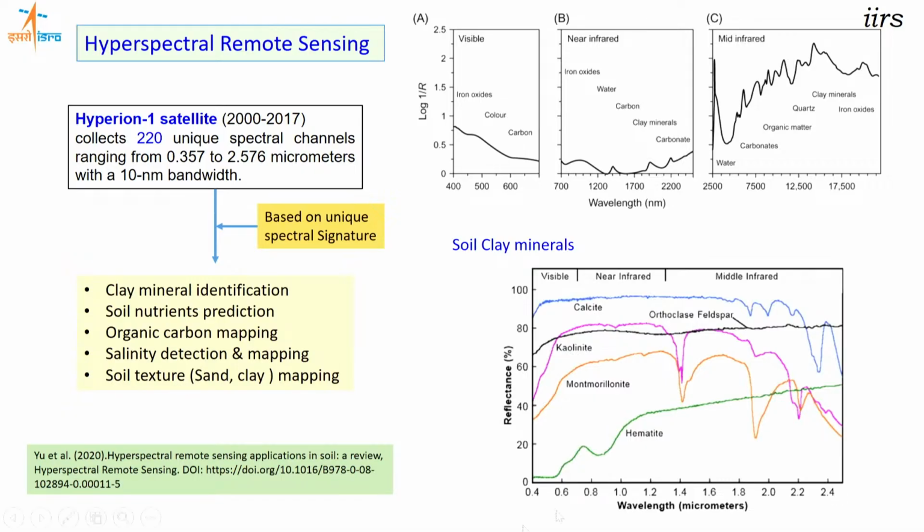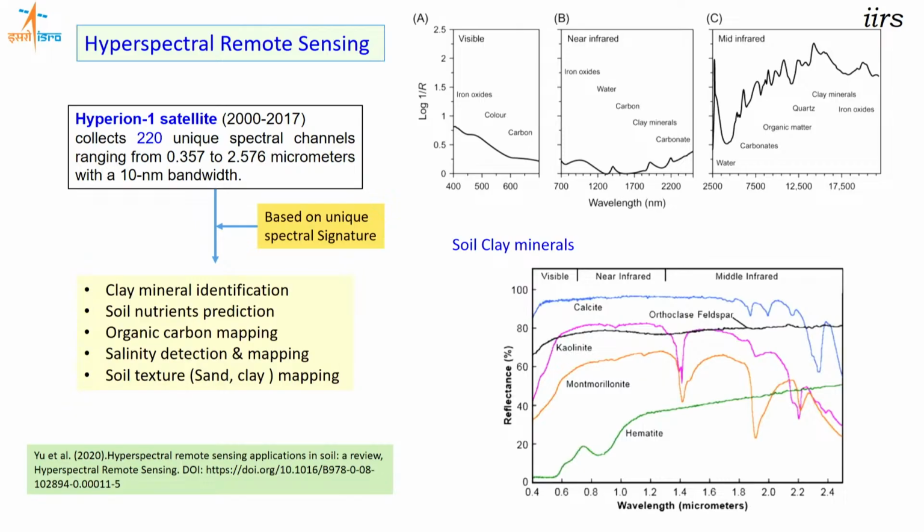And here on the right side, it is shown the spectral characteristics of different clay minerals, different materials. So in a particular wavelength region, we can identify that material or that composition present in the soils.